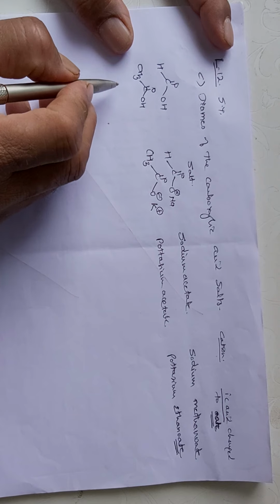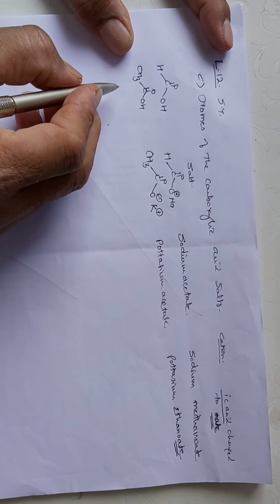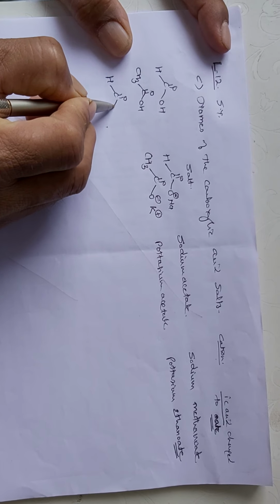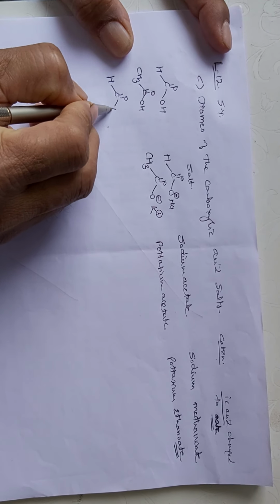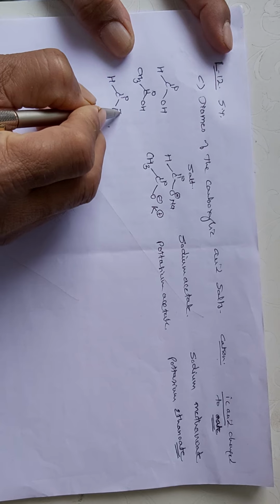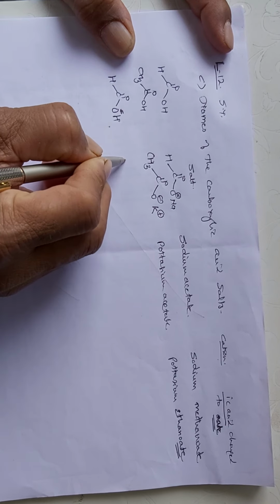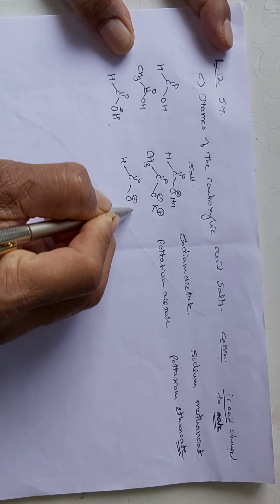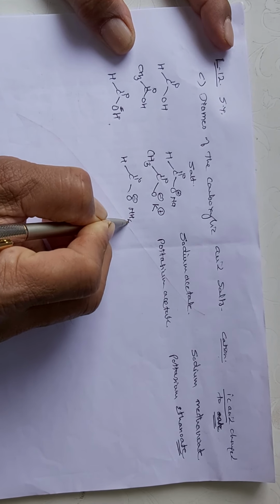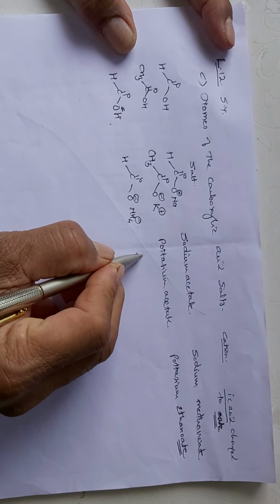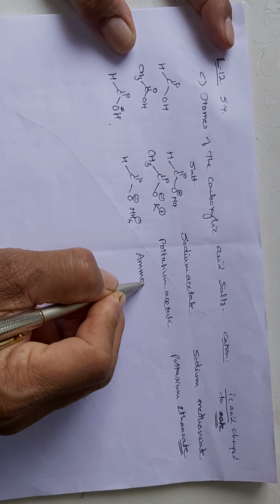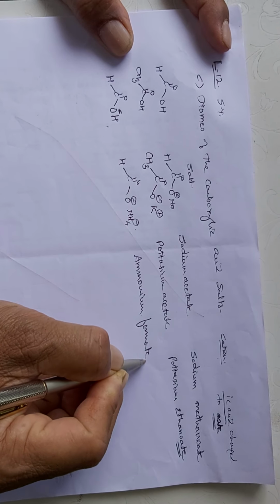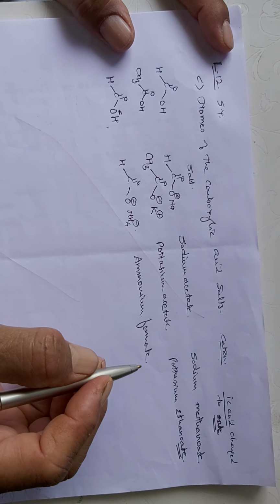Then, for other types of carboxylic acids, suppose formic acid is allowed to react with ammonia, we will get ammonium formate, or you can say ammonium methanoate.